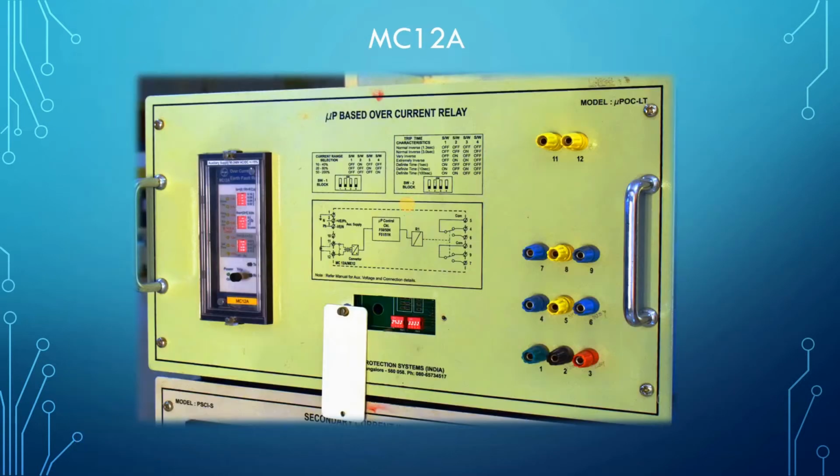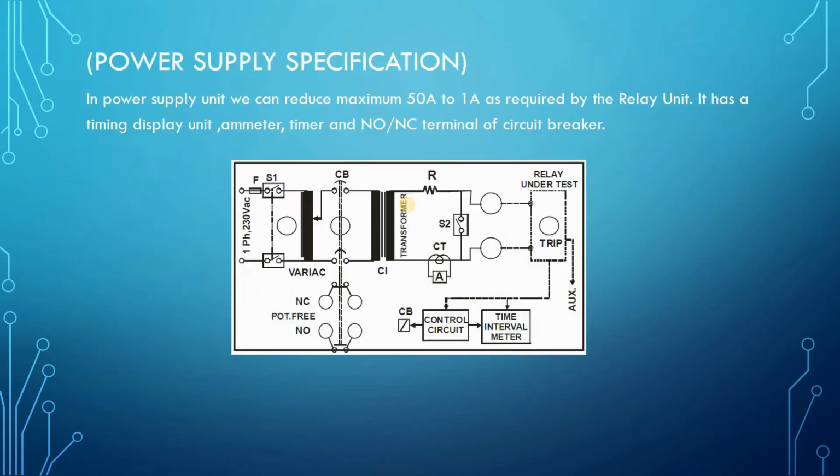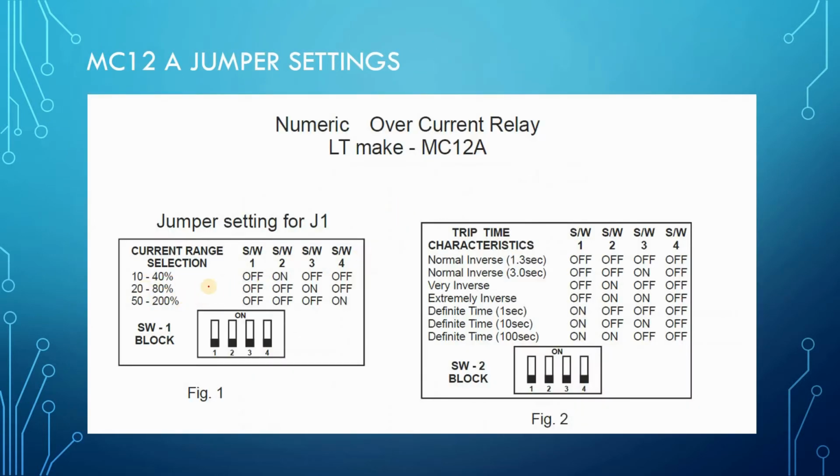As you can see here, these are the range selection switches. These are inside the unit. A DIP switch is there, and the position of this DIP switch, switches 1, 2, 3, 4, will decide the current selection range. So if the position is on, off, like this, then it will be the 10 to 40% current selection range.